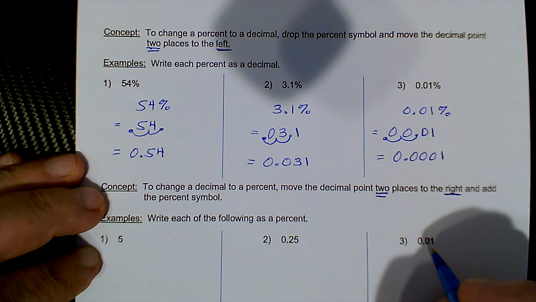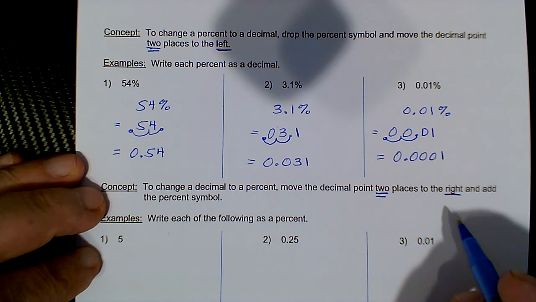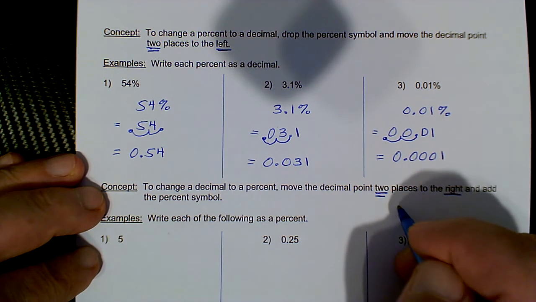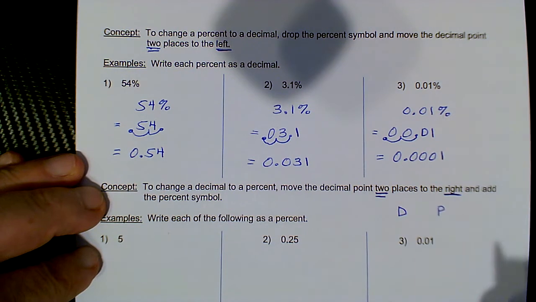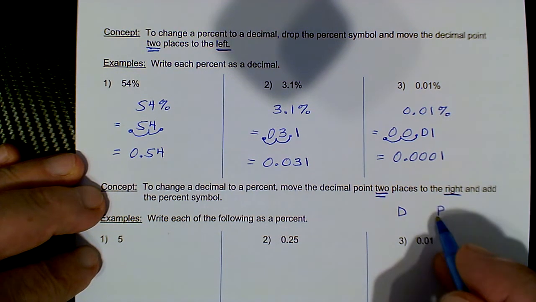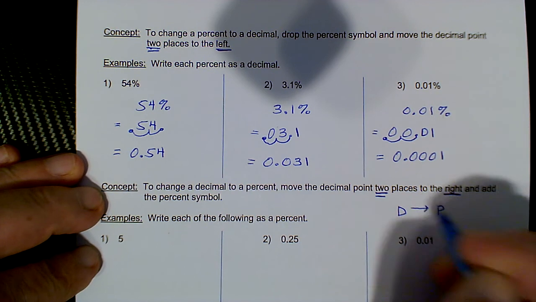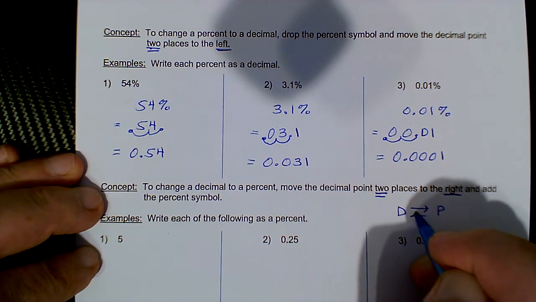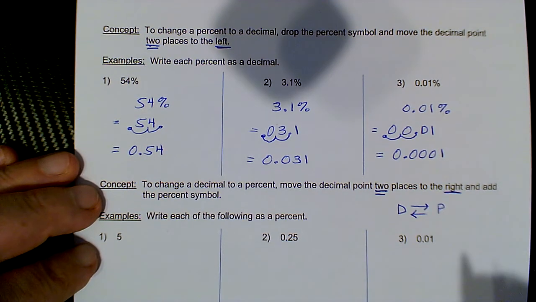And just always remember it's 2 places, and to remember left or right, here's a little memory trick. Just write down D and P in alphabetical order, decimal percent. If you're going from a decimal to a percent, it's to the right. And if you're going from a percent to a decimal, it's to the left. Now, that's just a little memory trick.